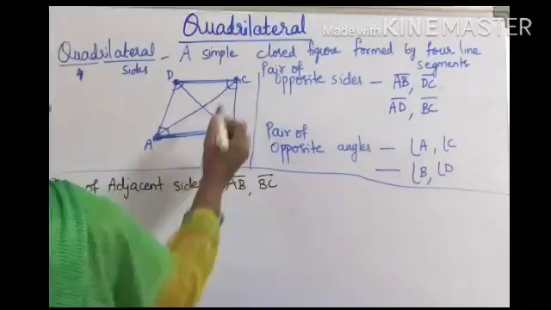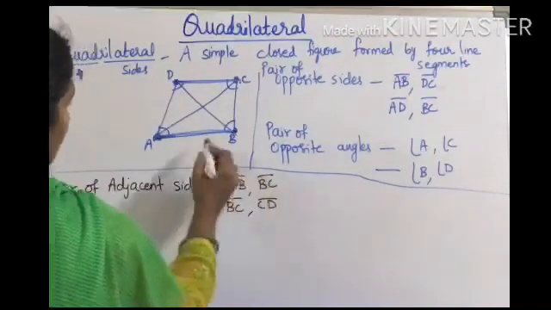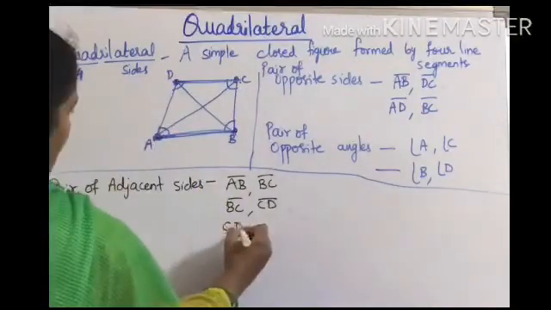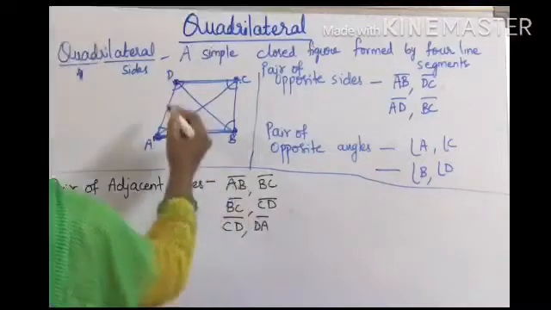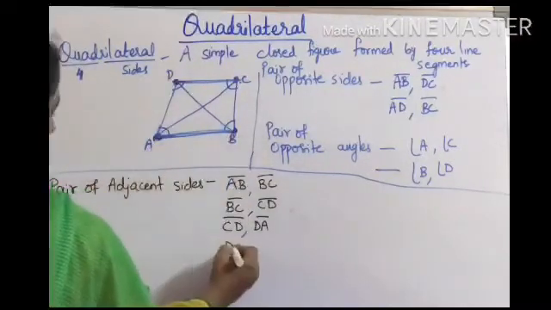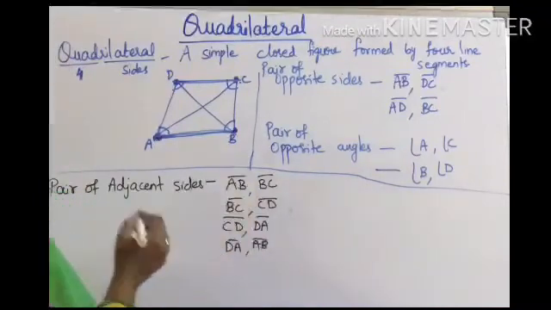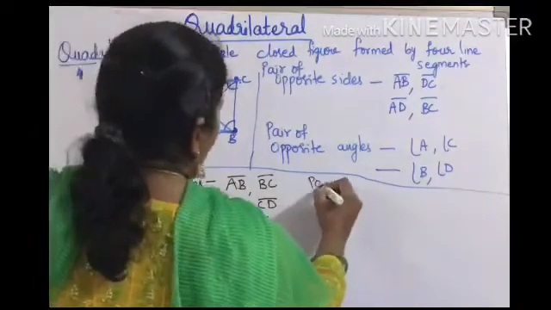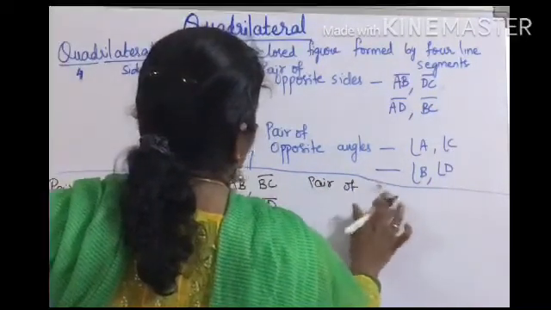Next, BC is adjacent to CD. Next, CD is adjacent to DA. Next, DA is adjacent to AB. So here you get four pairs of adjacent sides. Now we are going to write pairs of adjacent angles.